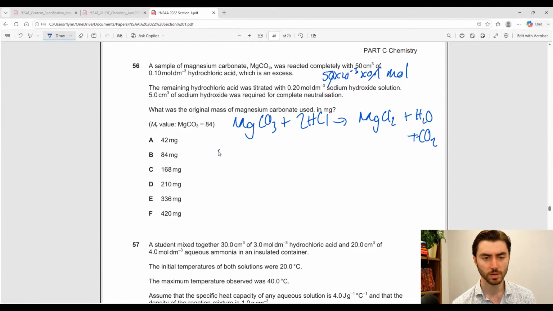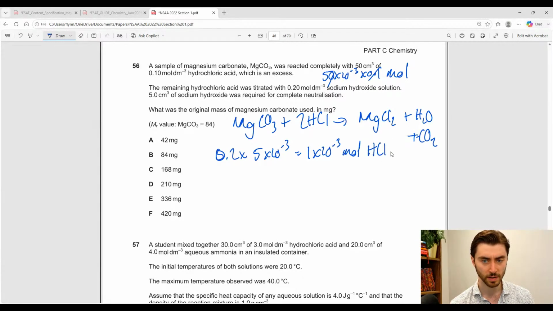So concentration times volume is 1 times 10 to the minus 3 moles of sodium hydroxide, which is 1-to-1 with the HCl, so 1 millimole of sodium hydroxide, so 1 millimole of HCl left, which means that 4 millimoles were reacted here, which means that there were 2 millimoles of magnesium carbonate.